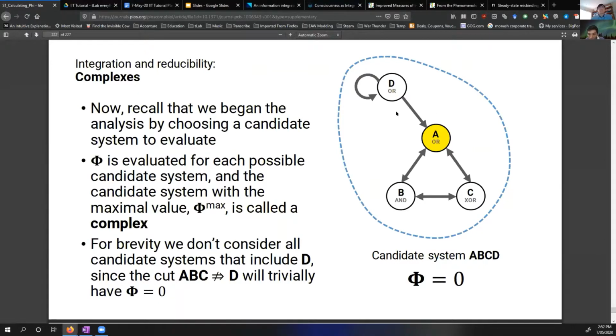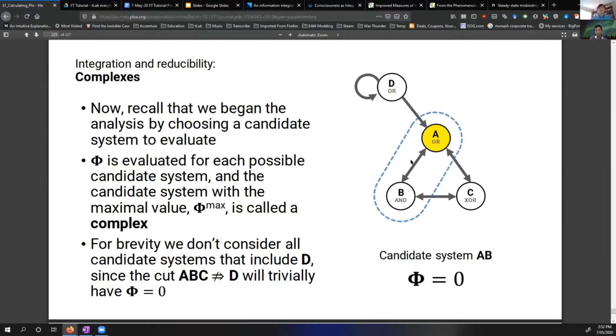So we did our analysis on the system A, B, C, but because of the exclusion axiom, what we need to do is find the system which gives the maximum big phi, essentially. And that is the system which is relevant to consider for consciousness. So what you do is essentially do the whole process again.